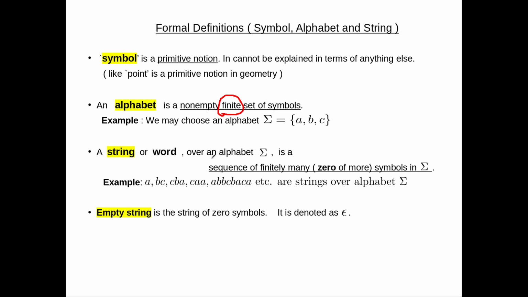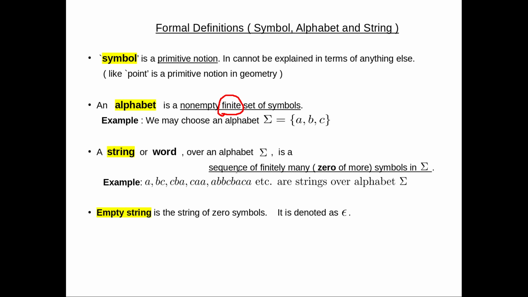Okay, so it's a sequence of finitely many symbols. That means you cannot have a pattern, say A, continuing up to infinity. Continuing up to infinity is not an option for a single string, right?